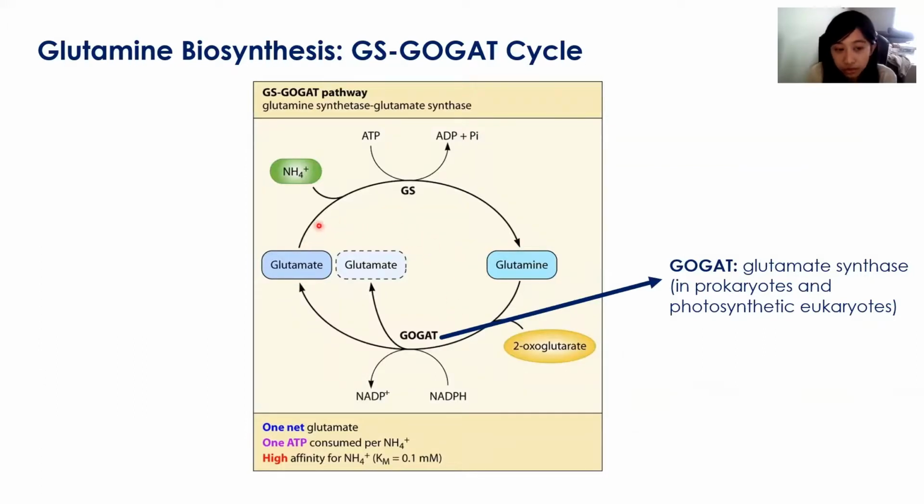So we actually do perform this glutamine synthesis reaction as seen previously that converts glutamate into glutamine. But bacteria and photosynthetic eukaryotes can convert glutamine back into glutamate by converting an alpha-ketoglutarate to a glutamate and consuming an NADPH.